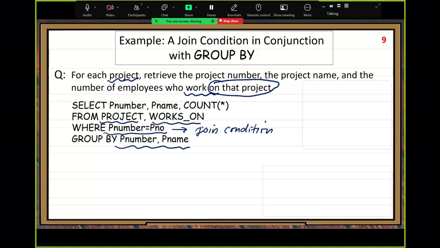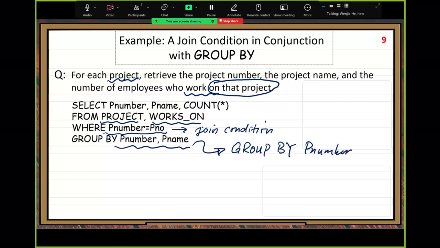Let's compare with another case. Group by only one attribute, P number.